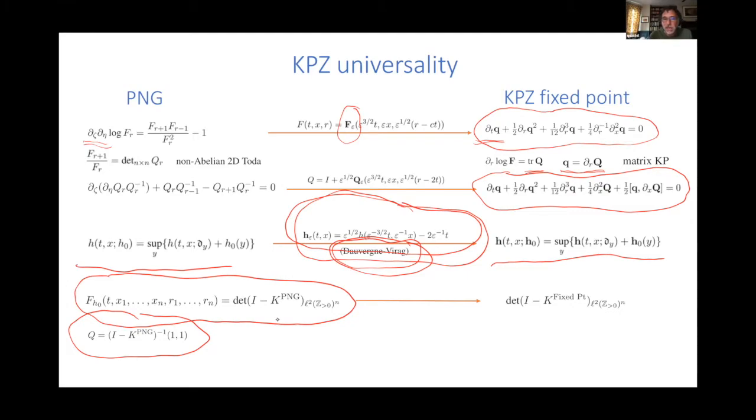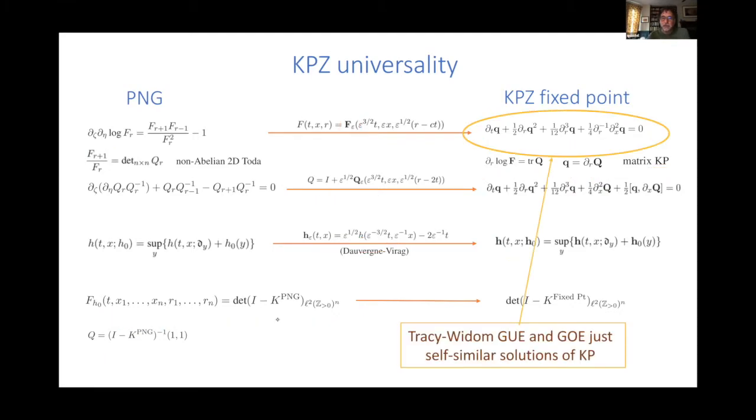One point I want to make, some people may have heard me say this before, is that the Tracy-Widom distributions, which appear as the one-point distributions of the KPZ fixed point, starting from the narrow wedge or the flat initial data, are now seen to be nothing but special self-similar solutions of the KP equation.